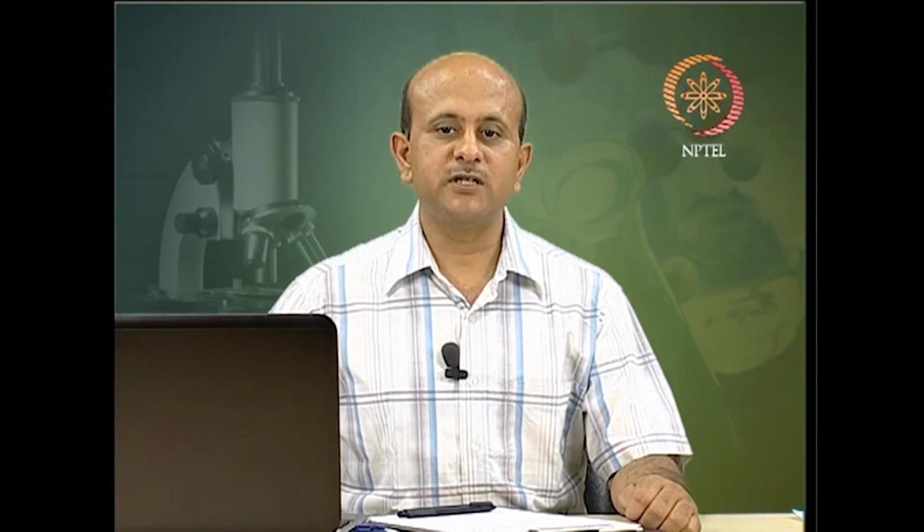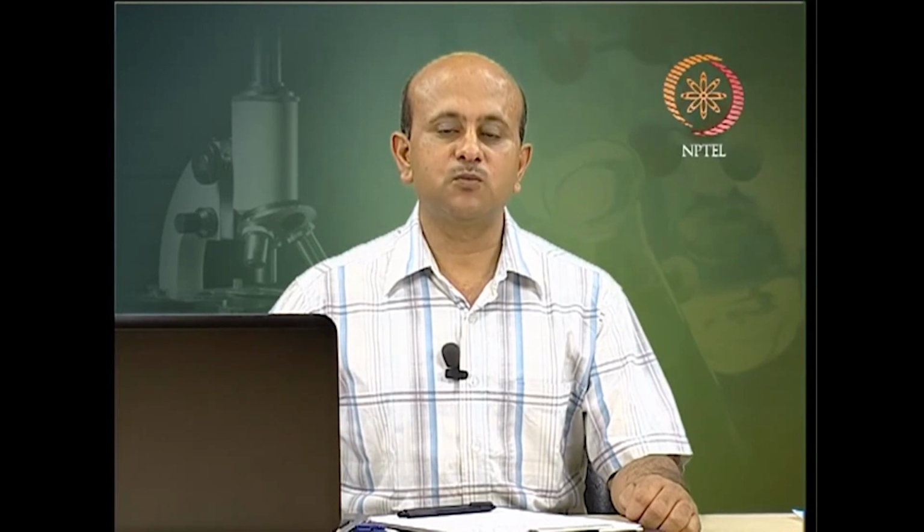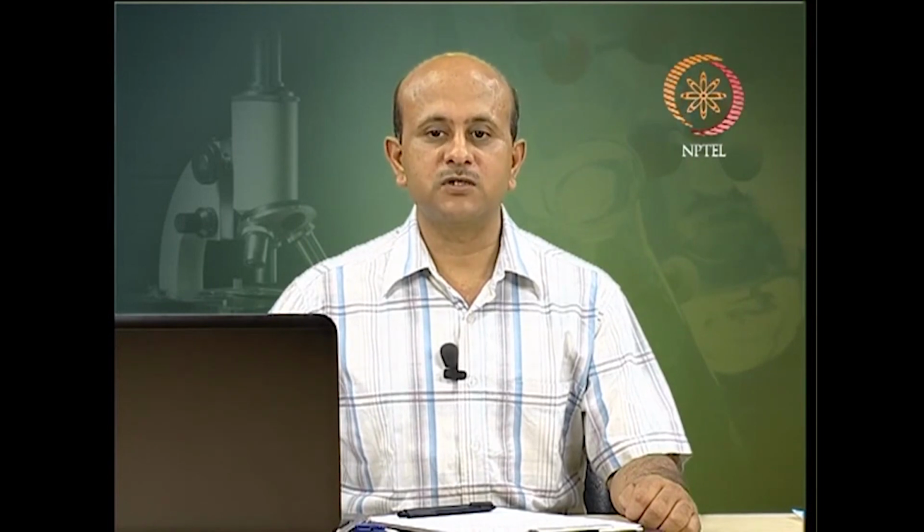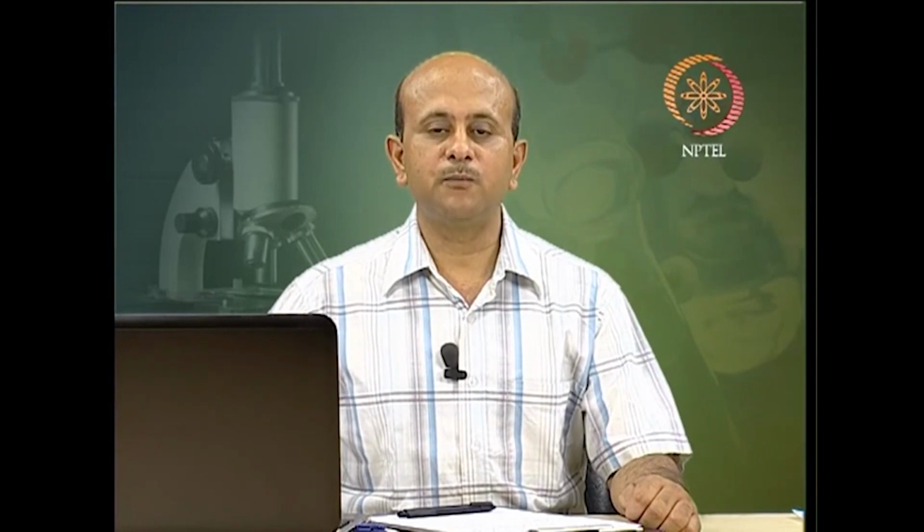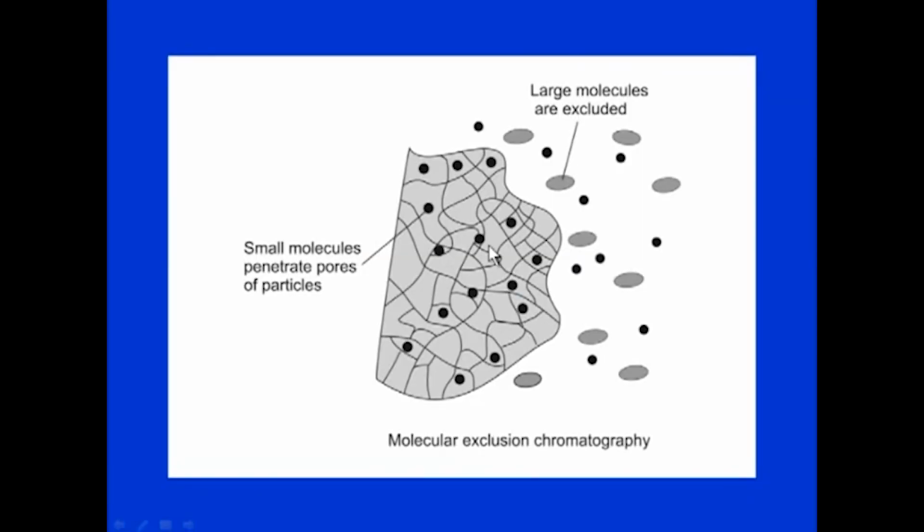The pores are normally small and exclude the large solute molecules, but allow smaller molecules to enter the gel, causing them to flow through a larger volume. This causes the larger molecules to pass through the column at a faster rate than the smaller ones, because larger molecules will not be able to enter the pores and will not be retained for as long as smaller molecules. You can see there are pores, and these molecules are entering and going out. So, they spend more time in the column as compared to the bigger particles which will not be entering these pores.